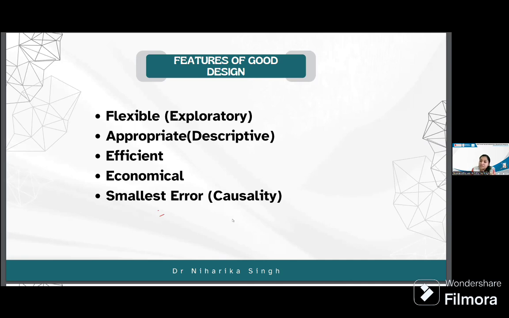So if a research is not or cannot be replicated, it cannot be a good research, or it is not found to be a good research. Thereby, the amount of error is tried to be minimal, and the error part has to be minimized, especially for experimental studies.